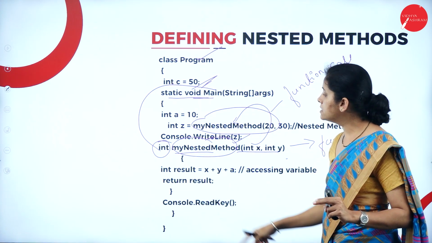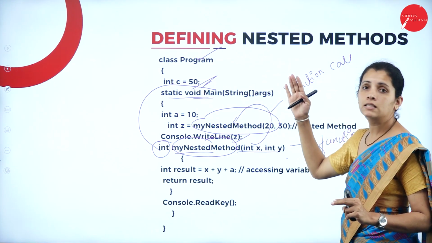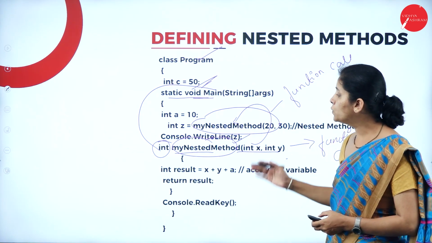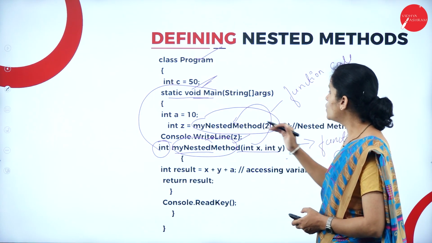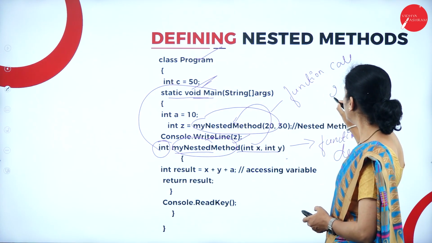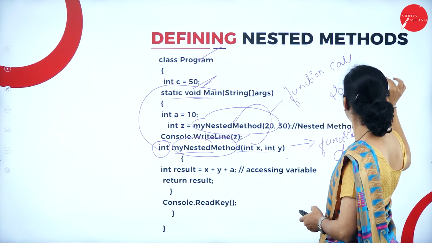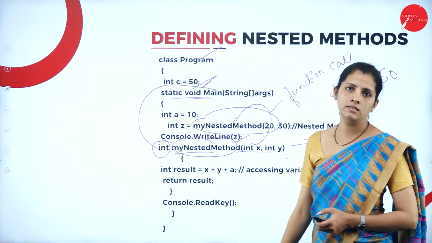For that reason, it is called a class level variable. Now I'm going to add x plus y plus a. So what is my x? 20 plus 30 plus 50. And I'm going to return the result.